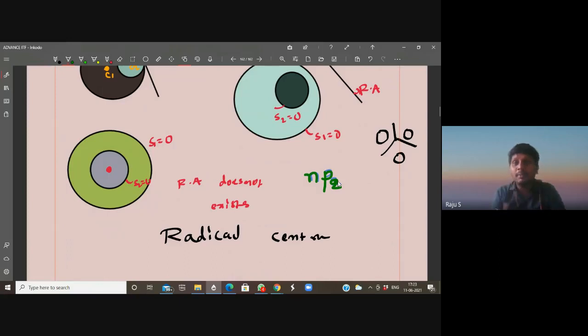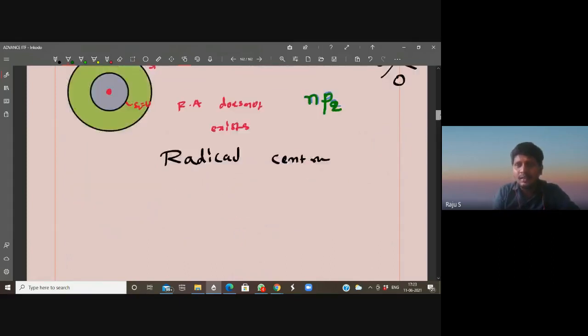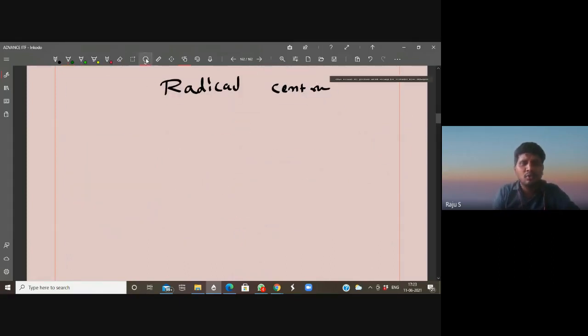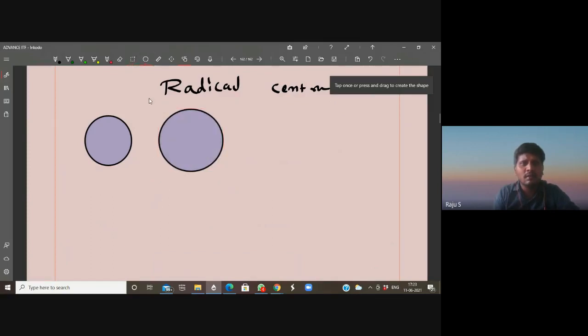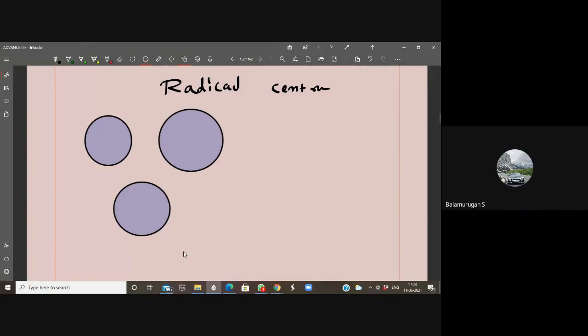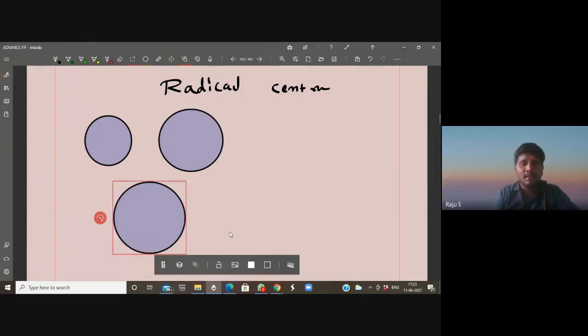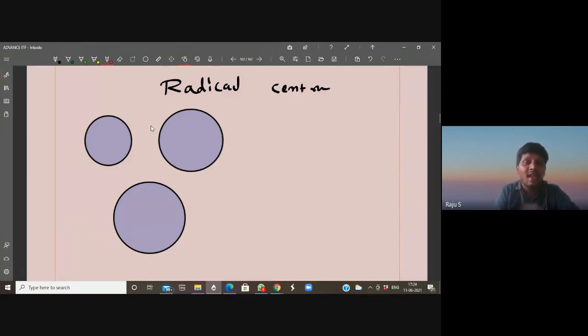Coming to the radical center, are two circles enough to find the radical center? How many circles are required? Exactly, three circles are compulsory, because the point of intersection of the radical axes is the radical center.